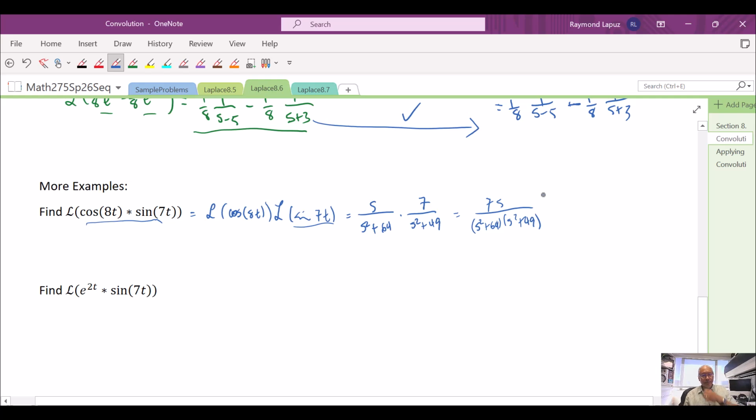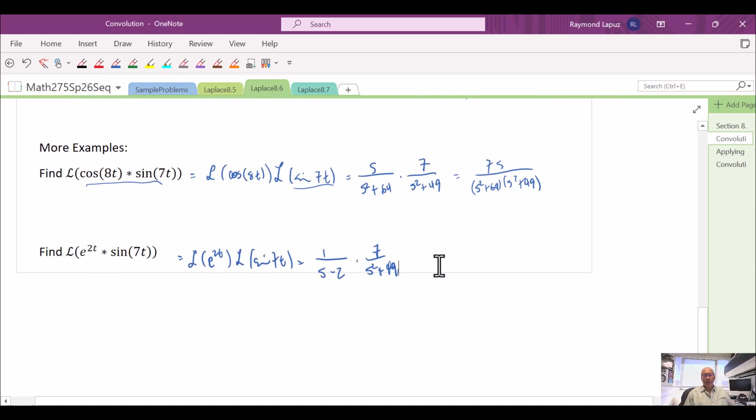But that's fine. The same goes for here. So the Laplace transform of each of these things is 1 over s minus 2 times 7 over s squared plus 7 squared, or 49. Okay, all right, so that's interesting.